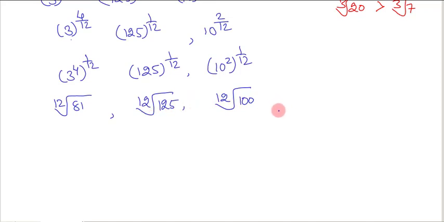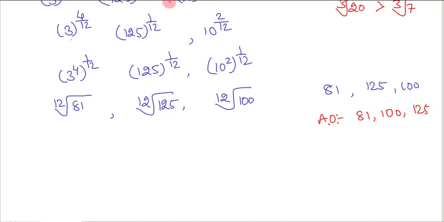Firstly we need to arrange the radicands in ascending order. 81, 125, 100 are the radicands of these surds. Arranged in ascending order, we get 81, 100, 125.